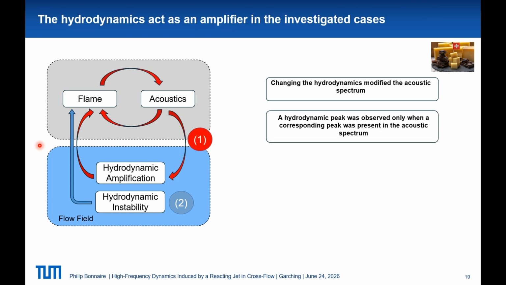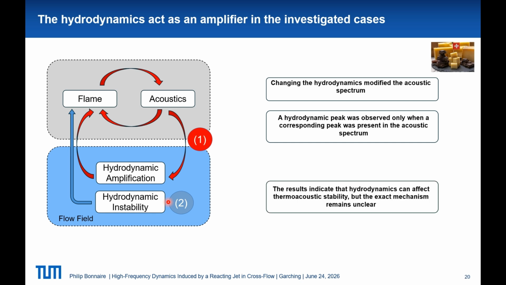Then, the second thing that we observed is that we never observed a hydrodynamic peak without a corresponding peak in the acoustic spectrum. So given our observations, we never saw a loop 2 category instability. Every hydrodynamic and every thermoacoustic instability that we observed can be linked to a loop 1 instability.